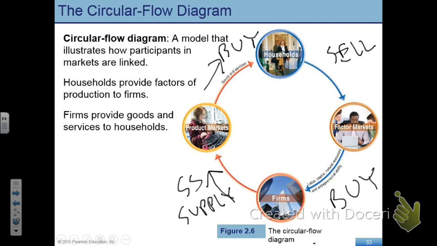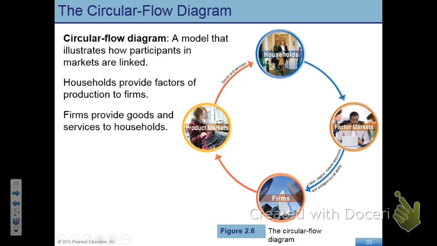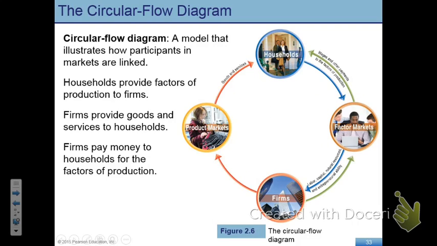Now this circular flow of physical goods, services and raw materials has to be backed up by financial resources. Because without those, these cannot be conducted. So what do we mean by that? By that, I mean that whenever our household is selling those factors of production to our firm in the factor market, our household needs to get something in return.